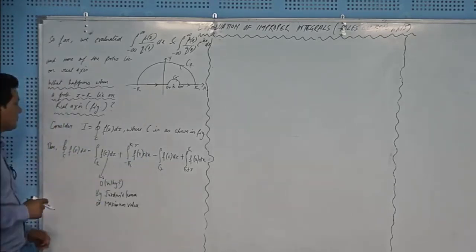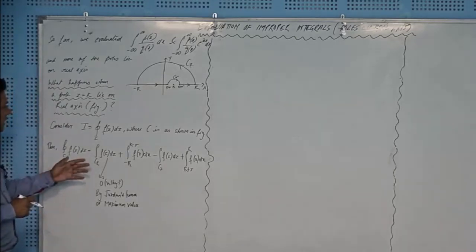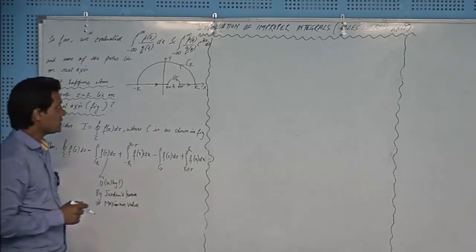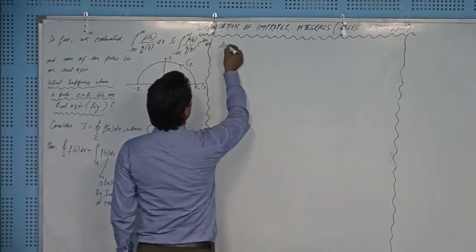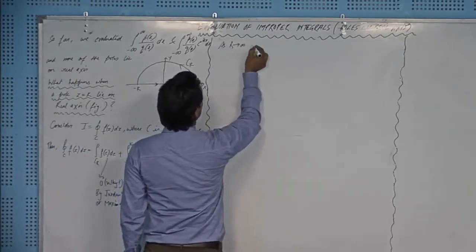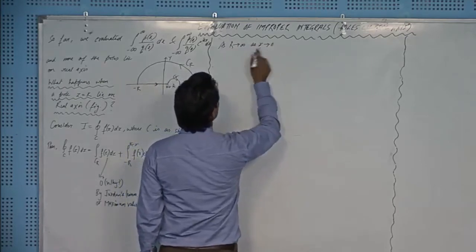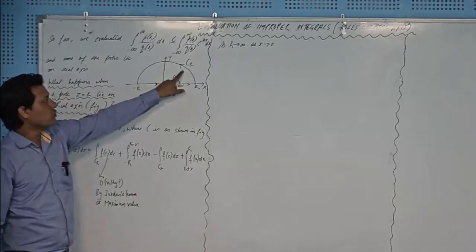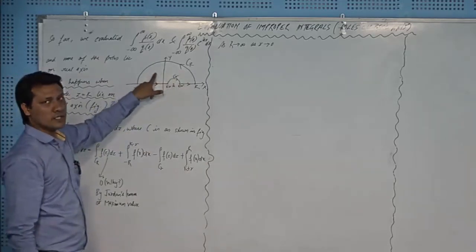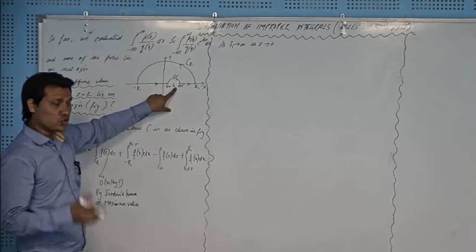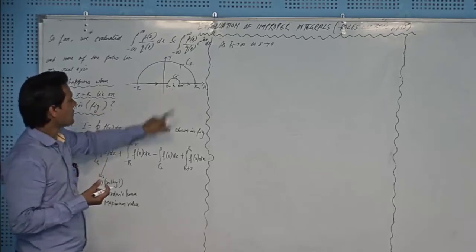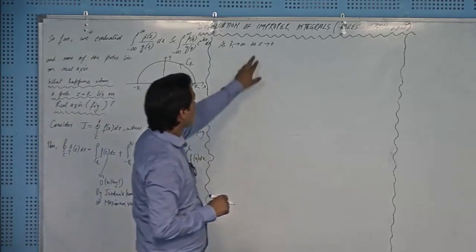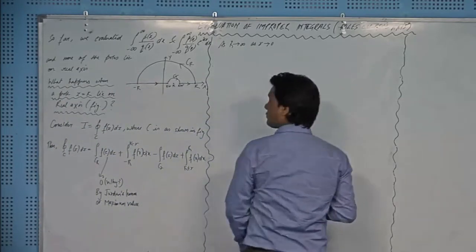Then we apply the limits: capital R tends to infinity and small r tends to 0. Since this big semicircle should be large enough to enclose all the poles which lie in the upper half plane, and this small semicircle should be small enough in order to just avoid this pole k, small r should be almost equal to 0.